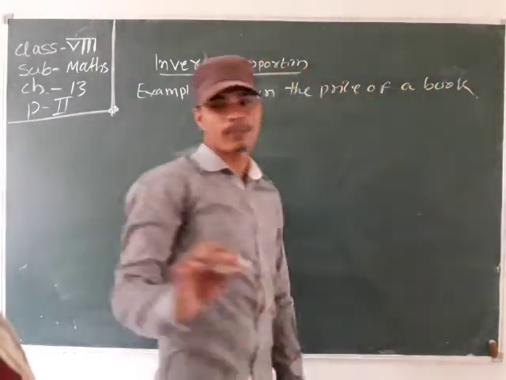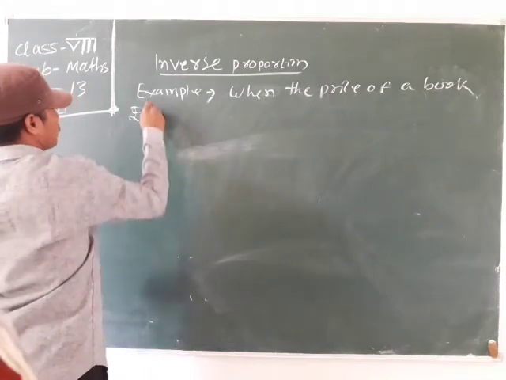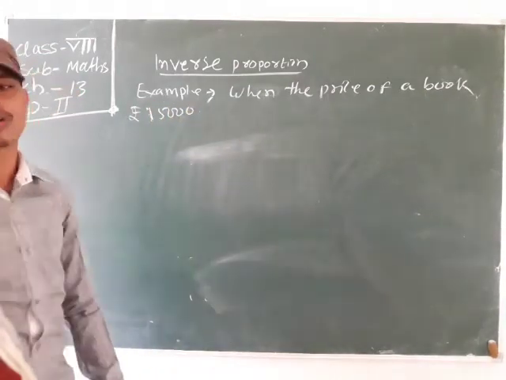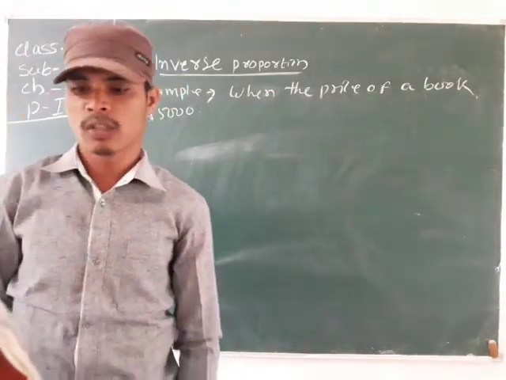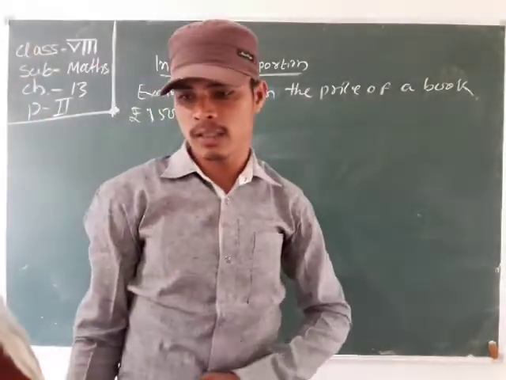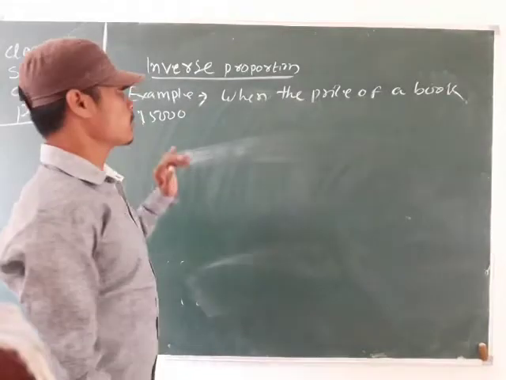That means if you want to find the number of books, the amount to spend is 15,000.